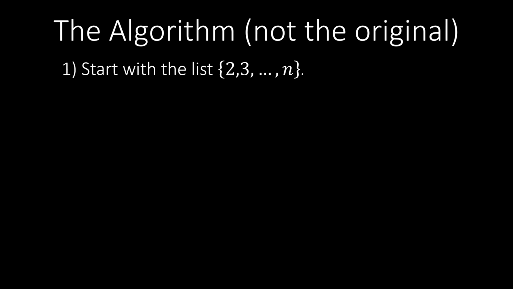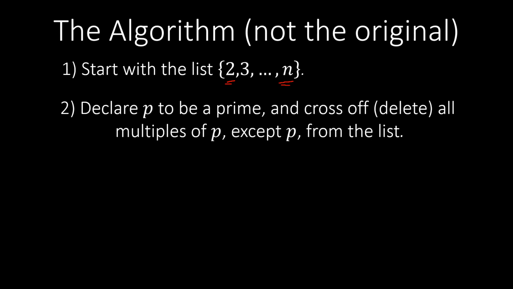Now, this is the algorithm you probably have seen on the web, which is not the original algorithm that Eratosthenes came up with. You start with the list of numbers from 2 to n. Remember, the idea is to get all the prime numbers less than or equal to n. So we start from 2 because that's the first prime number, then 3, and so on.